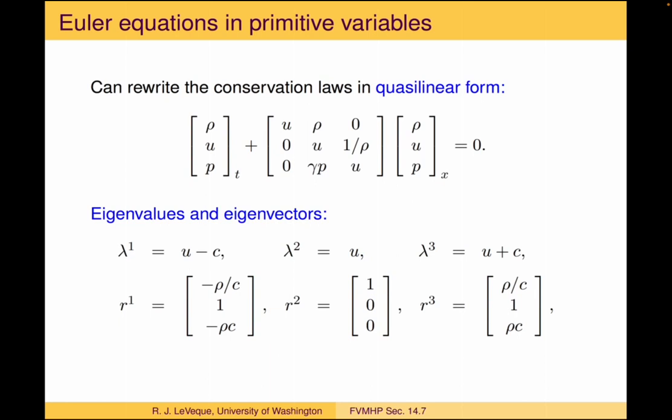It's a little easier to look at, though, if we think in terms of the primitive variables for a moment instead of the conservative variables. So the primitive variables are the more natural physical quantities, the density, velocity, and pressure. And if you rewrite things in those forms, after some manipulation we can rewrite the conservation laws as a quasi-linear system of equations.